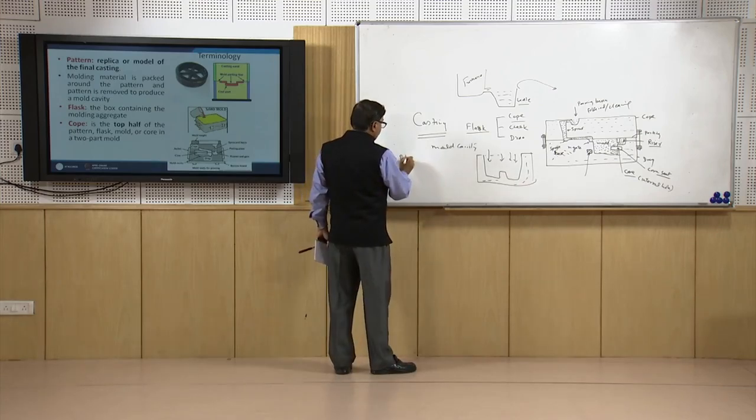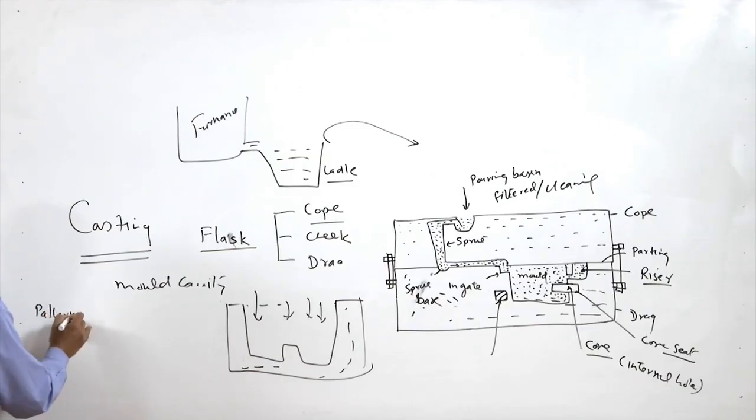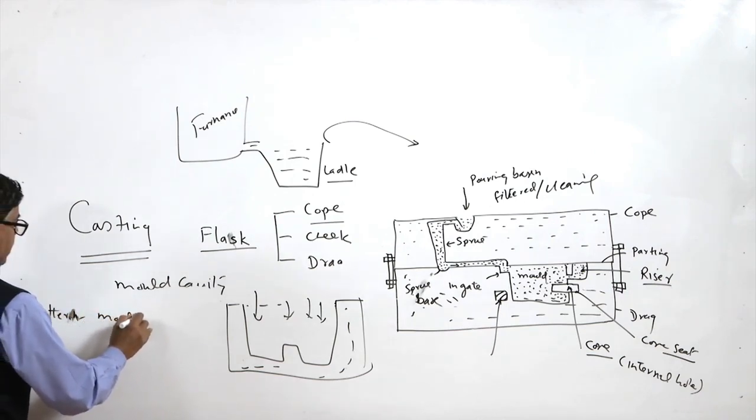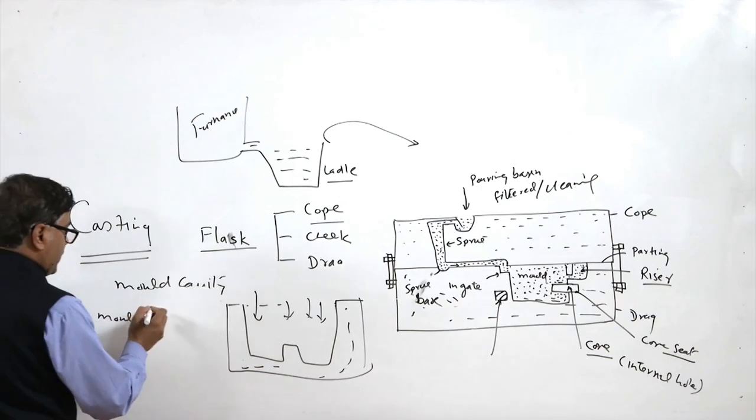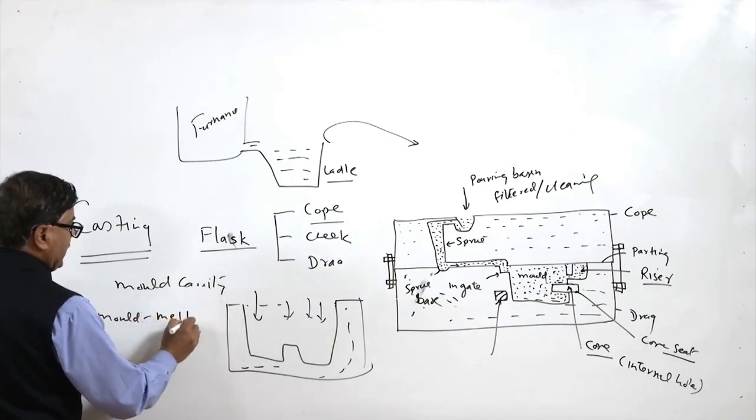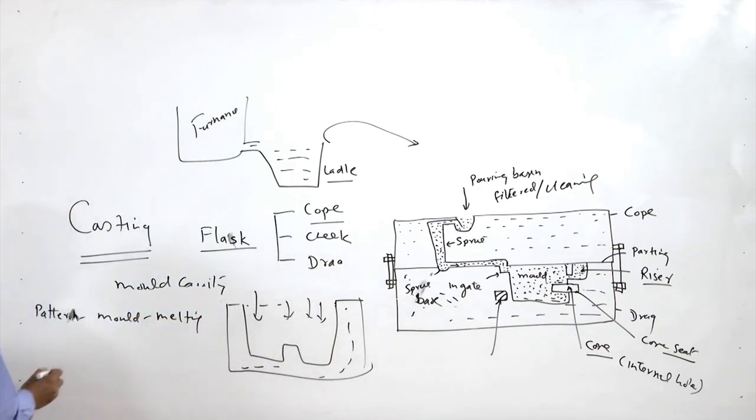First of all we prepare the pattern, and then using the pattern we make the mold, and once the mold is ready, we go for melting of the material, and once the material is melted, the pouring of the molten metal is done into the mold.